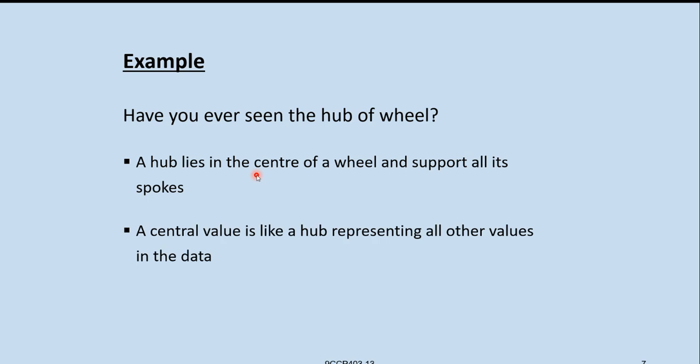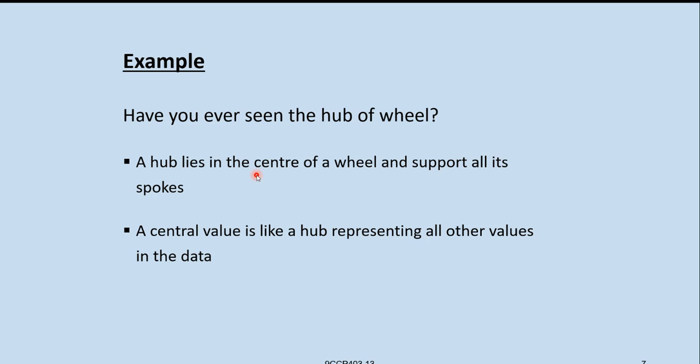An example for this is the hub of a wheel. You might have seen the hub of a wheel. Hub of a wheel means for every wheel there is a center point. That center point is connected to the wheel with some mechanism, that is spokes, small thin steel rods, or in some cases a different one.